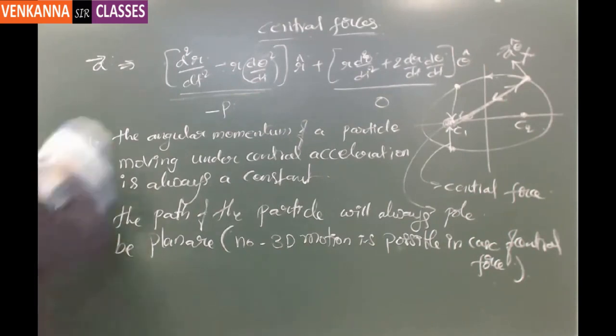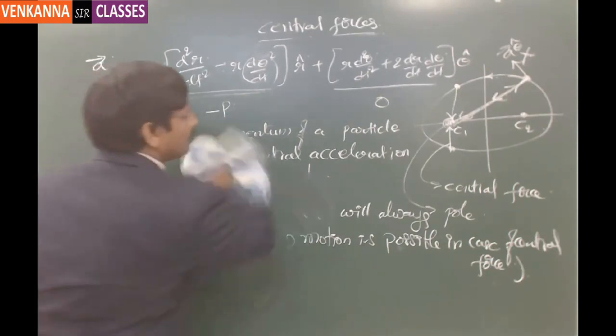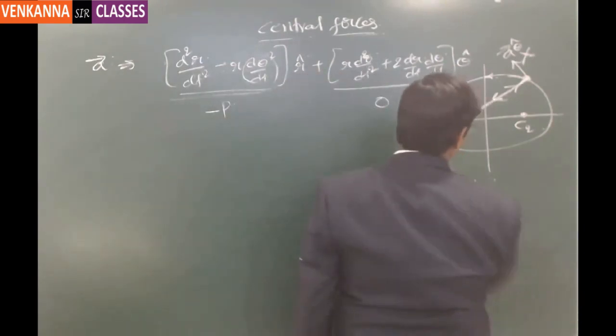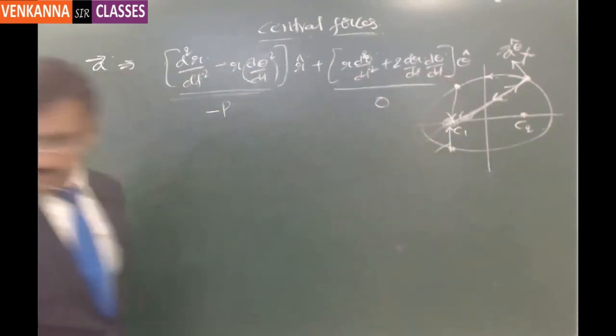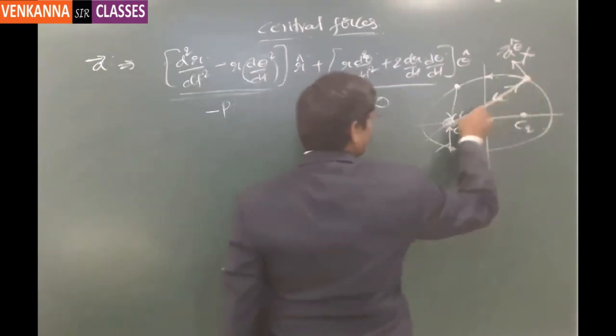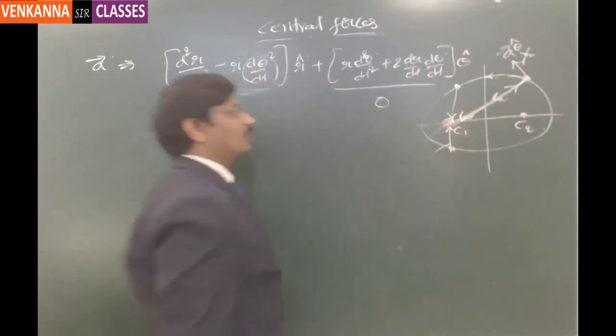Now see this. Based on this understanding, the transverse component of acceleration is going to be 0. Hence, there is only one radial acceleration, which is directed towards the pole where the sun is located.